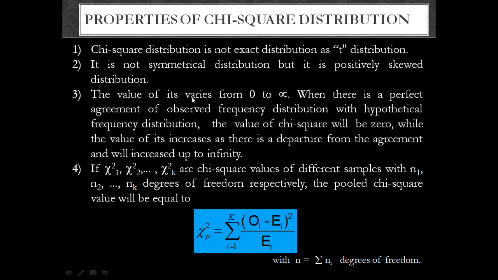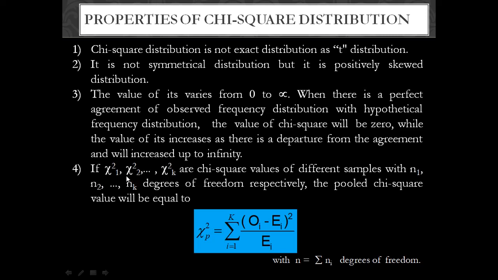Then when you calculate the chi-square, it varies from 0 to infinity. When do we get 0? When there is a perfect agreement between observed and expected frequency, you can get the value of chi-square as 0. You will never get it negative. It is a sum of squares of deviation, and it can go up to infinity.